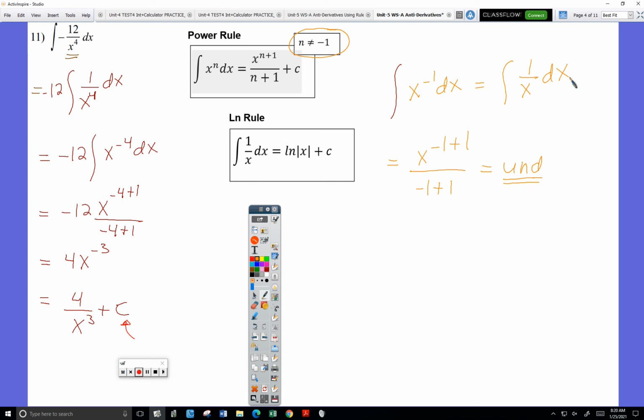I'm taxing. Is that just for the power rule? It's not for that whole left side? Correct. Thank you for the clarification, Billy. Yeah, the little box that says n cannot equal negative 1 is just for the power rule. How about the n for the positive and negative 1?